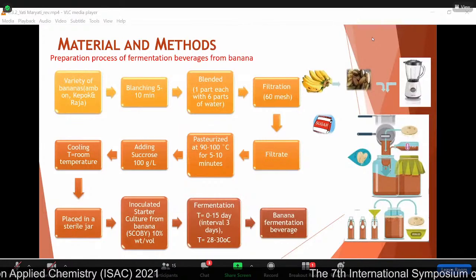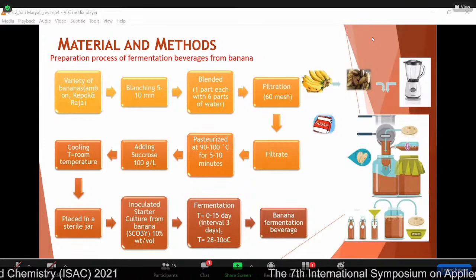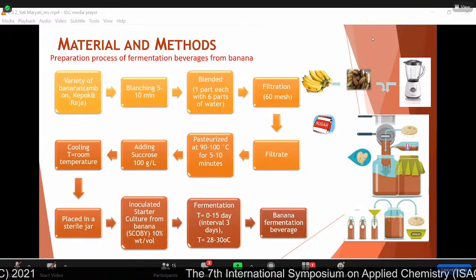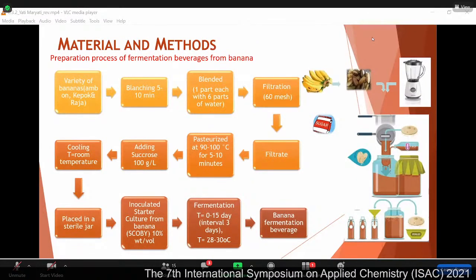After that, the mixture was filtered, and then each filtrate was pasteurized. After that, cooling and putting in jars, and then the banana juice was inoculated with a consortium of bacteria and yeast with concentration 10% and sucrose 10% and fermentation time of 0 to 15 days with an interval of 3 days.